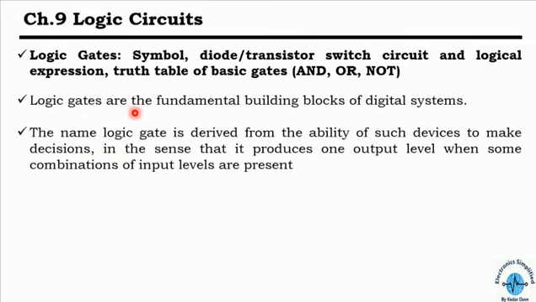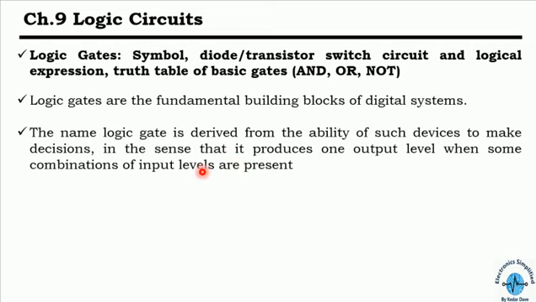Logic gates are the fundamental building blocks of digital systems, and in this video we are going to learn the different logic gates by using the diode. How can basic logic gates be formed using a diode? We can see that in this video.